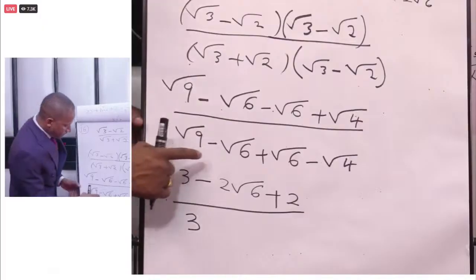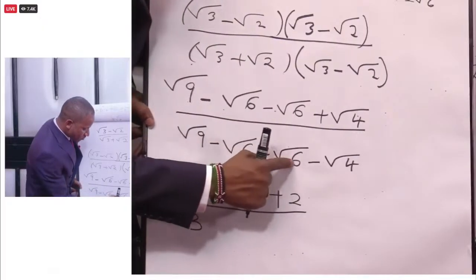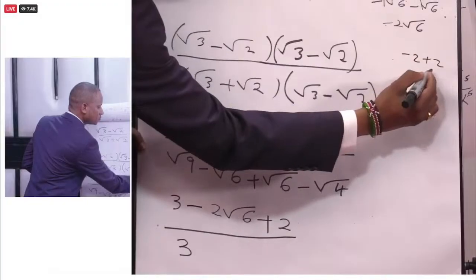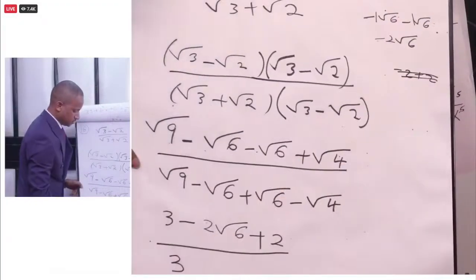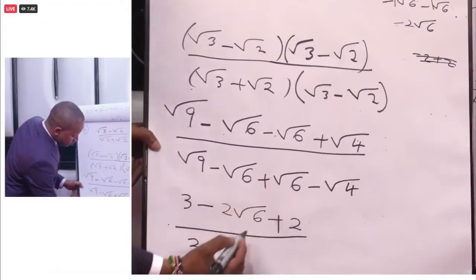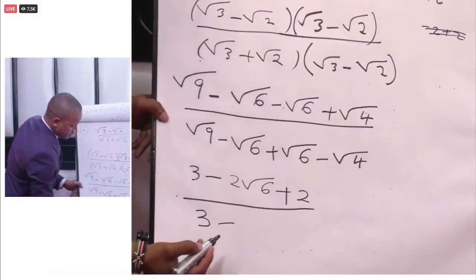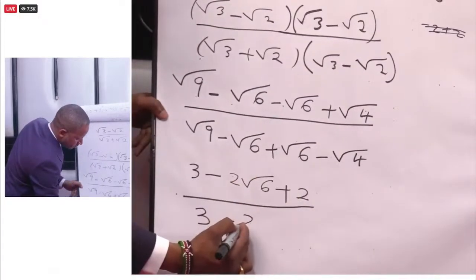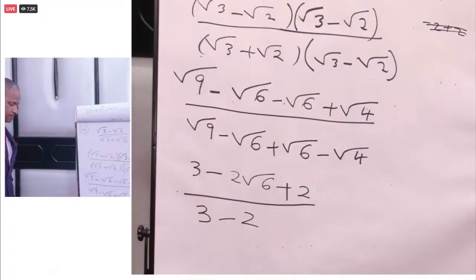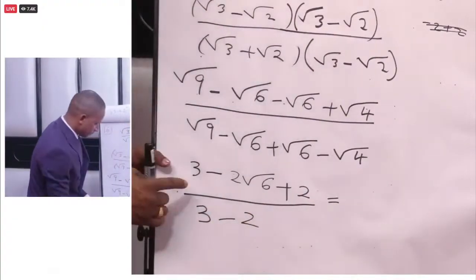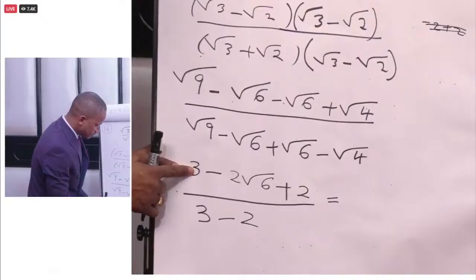Then minus root 6 plus root 6 is the same as minus 1 plus 1. This is 0. So minus root 6 plus root 6 is 0. Minus root 4 is what? 2. Then simplify further, collect like terms.